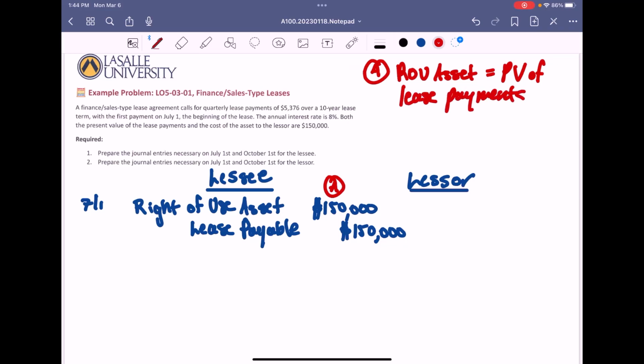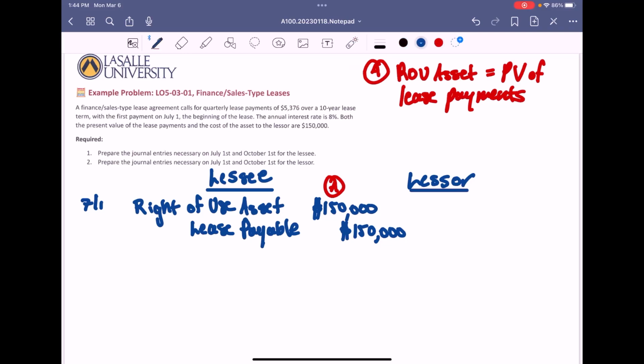And if you look at the problem, it's saying the present value of the lease payments and the cost of the asset are both equal to 150. That's why we're recording the 150 here. That won't always be the case where the cost of the asset is equal to the lease payments, but in this case it is. So just keep in mind that we always want to record the value of the asset at the present value of the lease payments. All right, on the lessor side, what do we record?